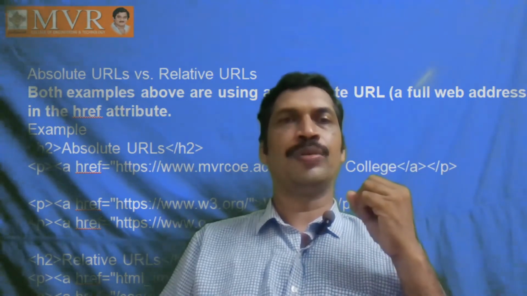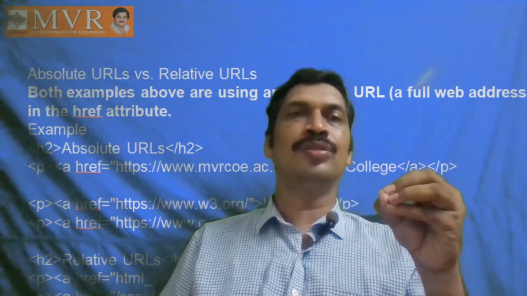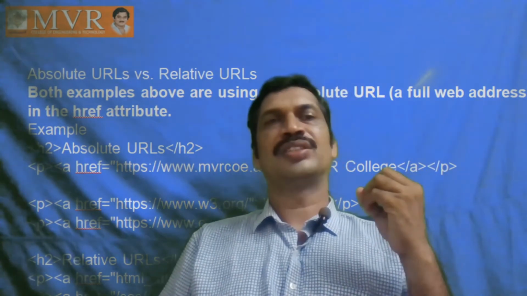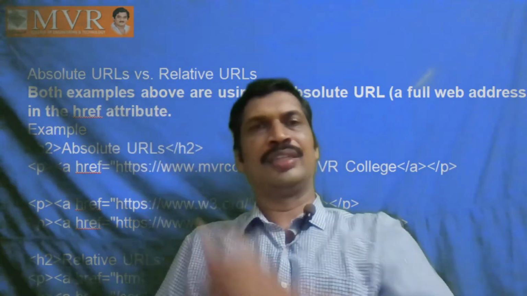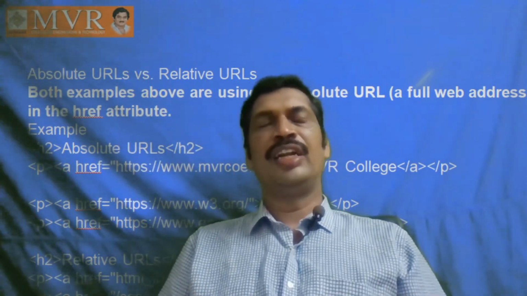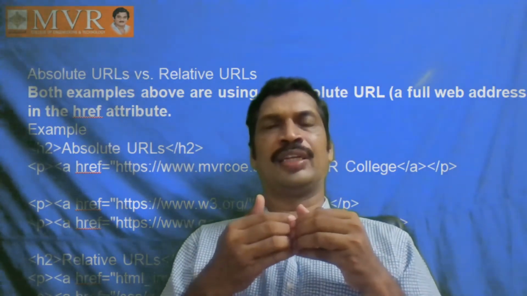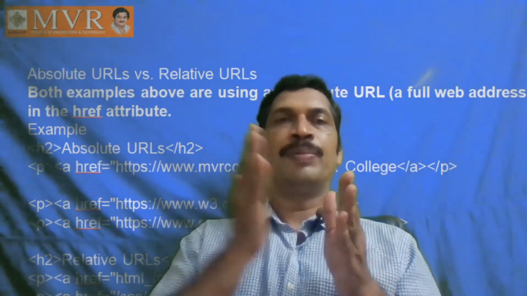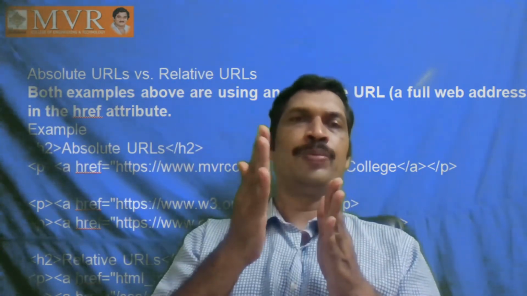This is called the relative path. A relative path is from the current location to that file. Absolute path means the starting path to the ending. Relative path means from the current point, from where you are in the directory, to the required file location.